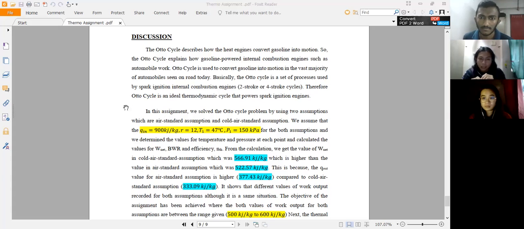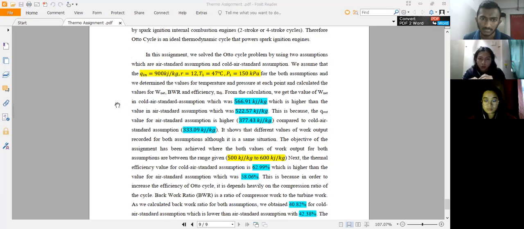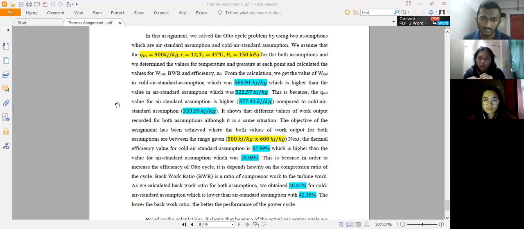So basically, the Otto cycle is a set of processes used by spark ignition internal combustion engines, which are 2-stroke or 4-stroke cycles. Therefore, we know that the Otto cycle is an ideal thermodynamic cycle that powers spark ignition engines. In this assignment, we try to solve the Otto cycle problem by using two types of assumptions, which are air standard assumption and cold air standard assumption.